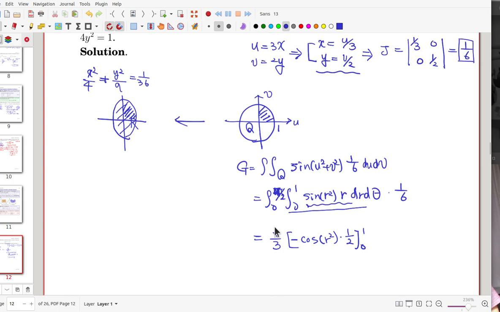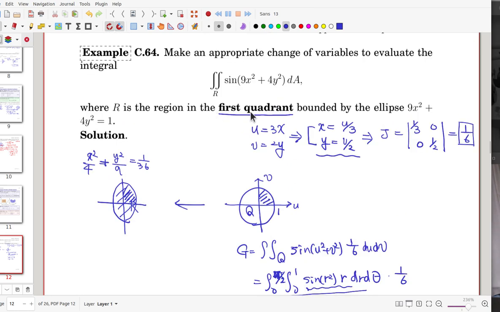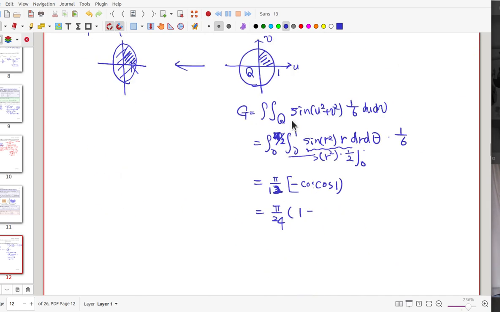And that is now pi over 12, right? So we reach pi over 24, and then with this one, the 0 evaluation is 1, and now cosine 1. Okay, and that's the answer. I forgot that one.